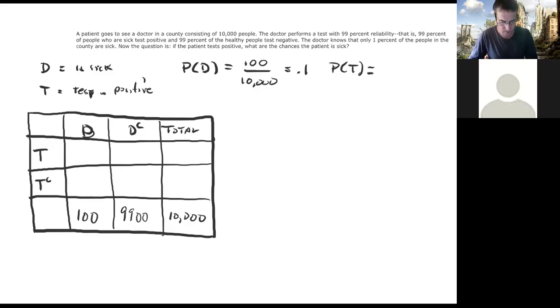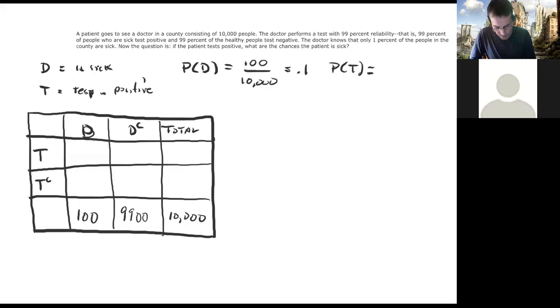Well, we know, first of all, that 99% of the people who are sick, that's D, test positive. So 99% of 100 is 99 people who are sick will test positive. So you can fill in that element in the table as 99.